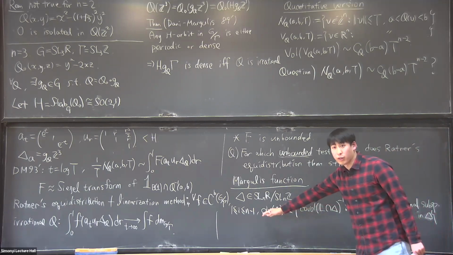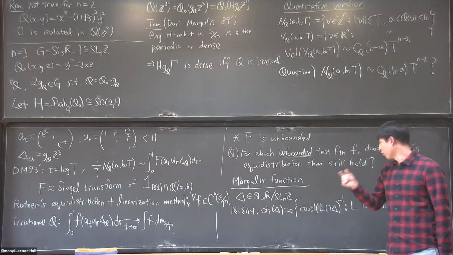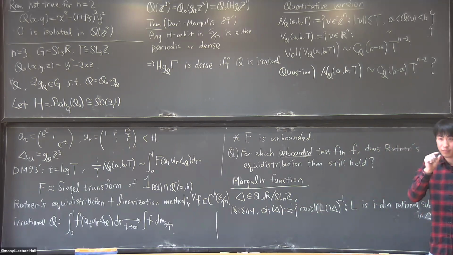So for i equal 1, it's just the inverse of the length of the shortest vector.